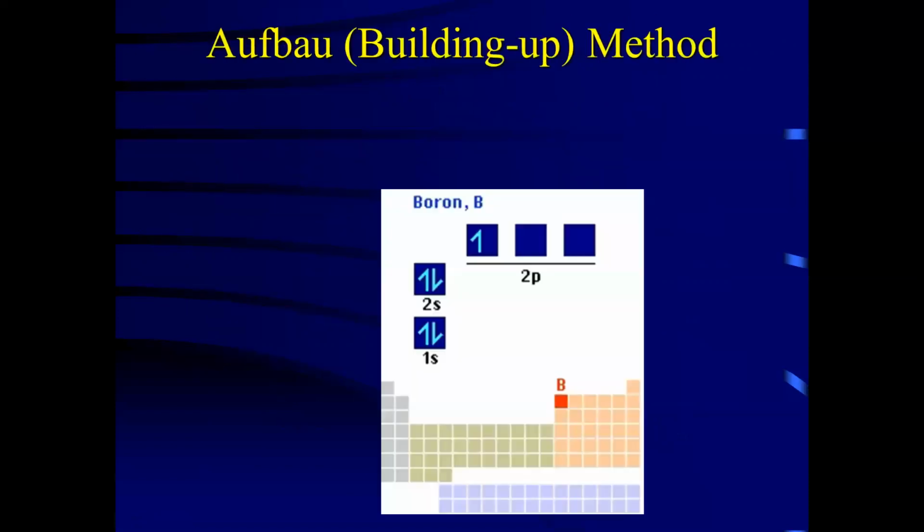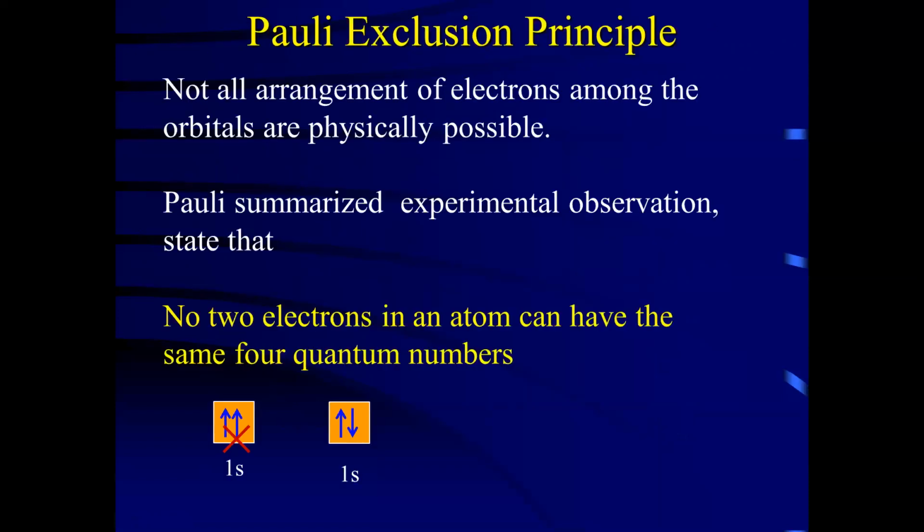So, here is the Pauli exclusion principle we talked about already. Pauli found that not all arrangements of electrons among the orbitals are physically possible. Summarizing the experimental observations, he stated that no 2 electrons in the same atom can have the same 4 quantum numbers.